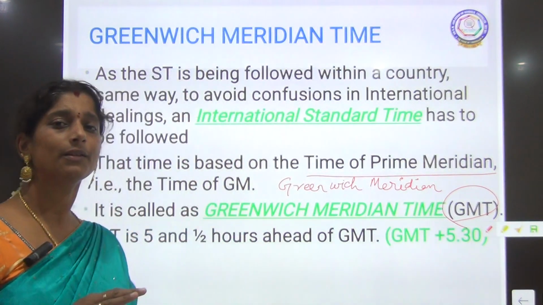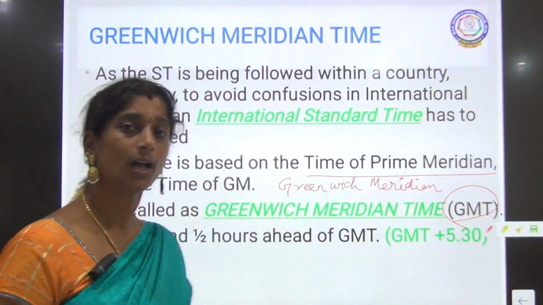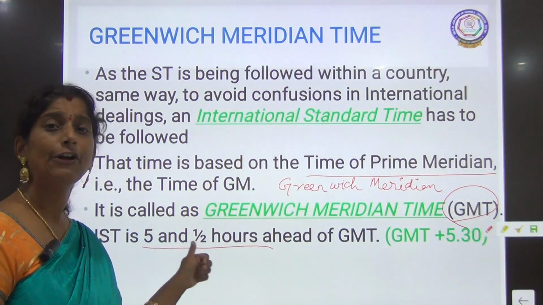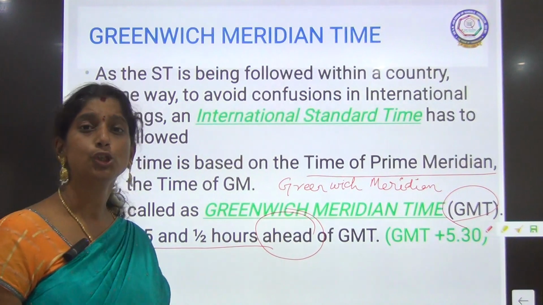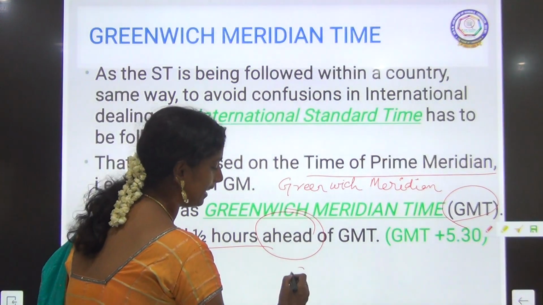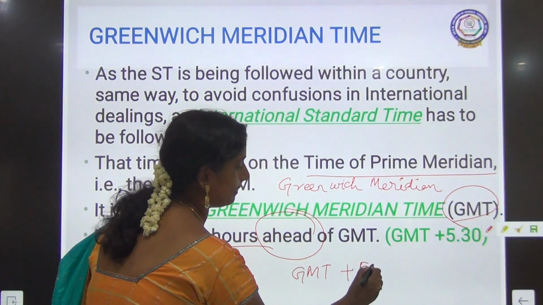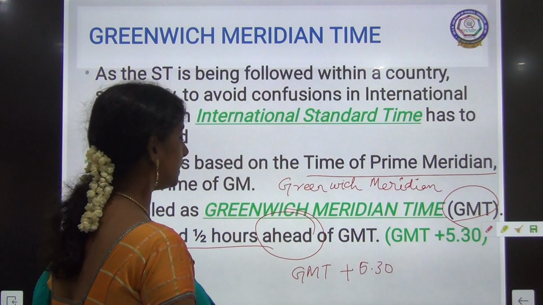Clear? So based on the Greenwich time only, the time is calculated all over the world. In India, it is 5.5 hours ahead of GMT, so we mention Indian time as GMT plus 5.30.